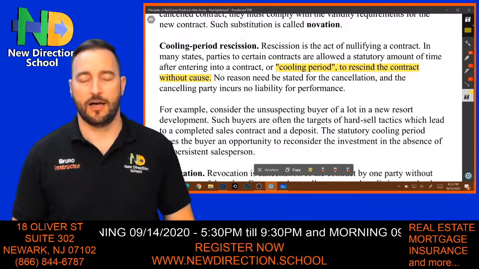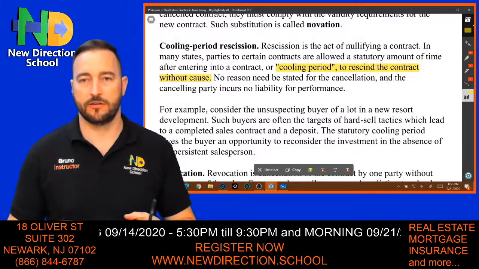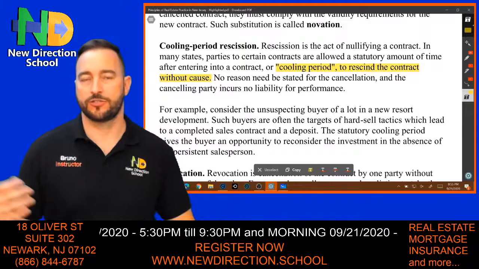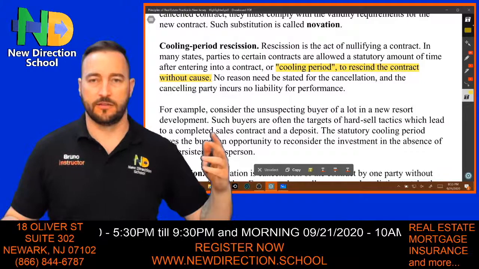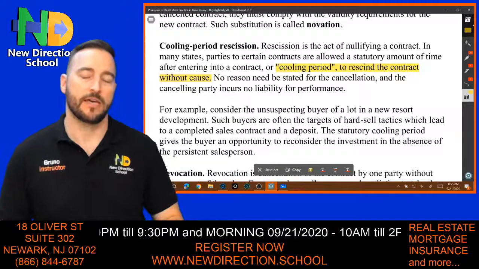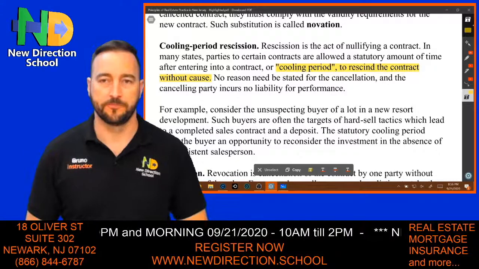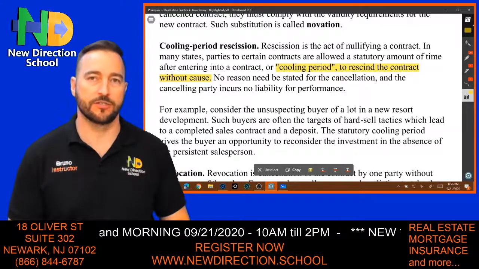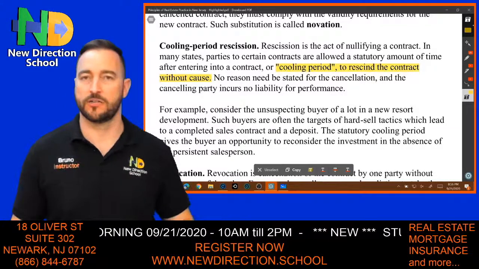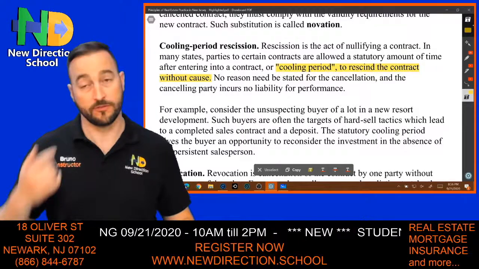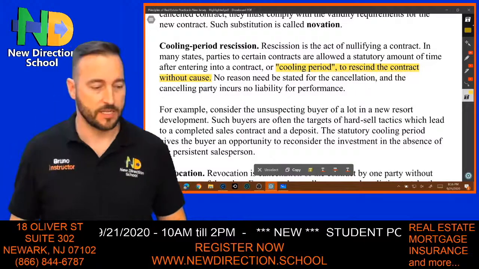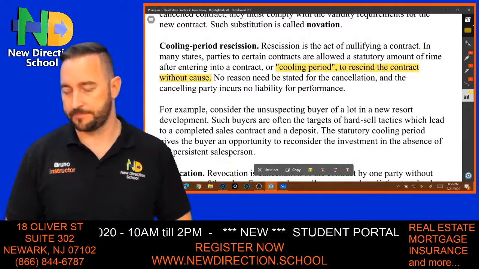Or they give you a scenario like John purchased a property from a persistent salesperson, and they're still in the cooling off period. What can John do? And then it gives you 4 options. He may rescind the contract without any cause or explanation during the cooling off period. So it'll be something to that effect.